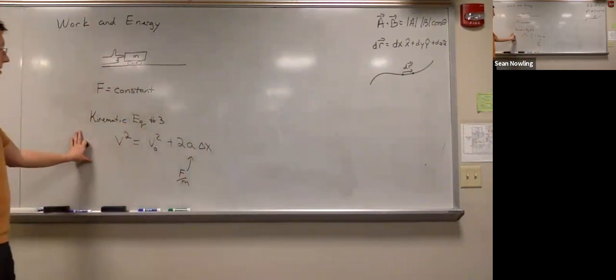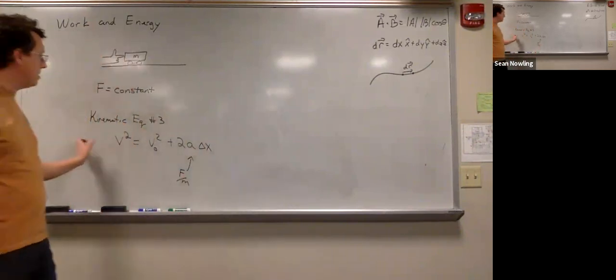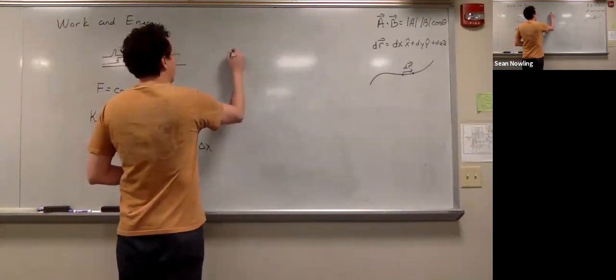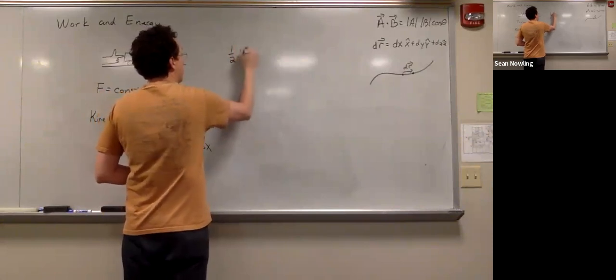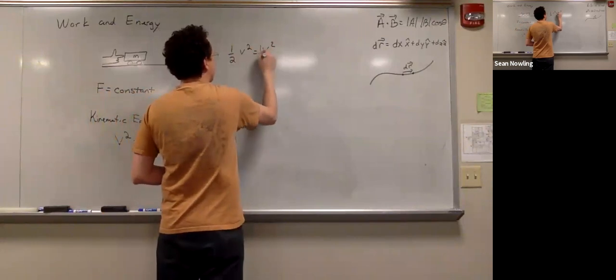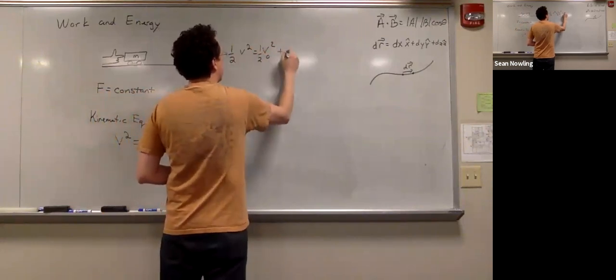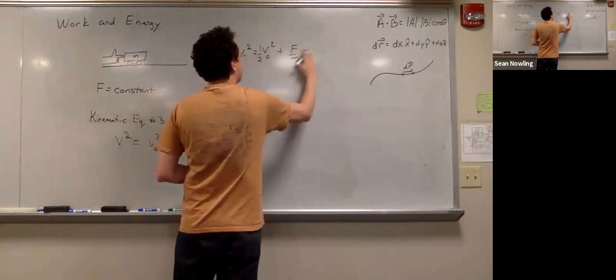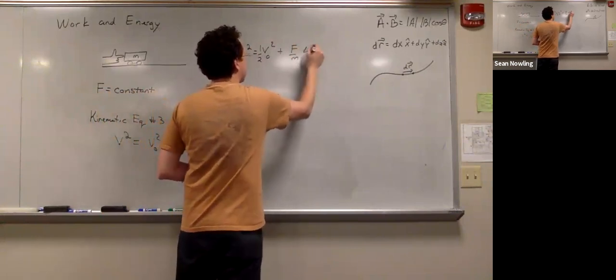That's pretty easy. Then I want to divide everything by 2. So I get 1/2 v squared equals 1/2 v initial squared plus force over mass times delta x.